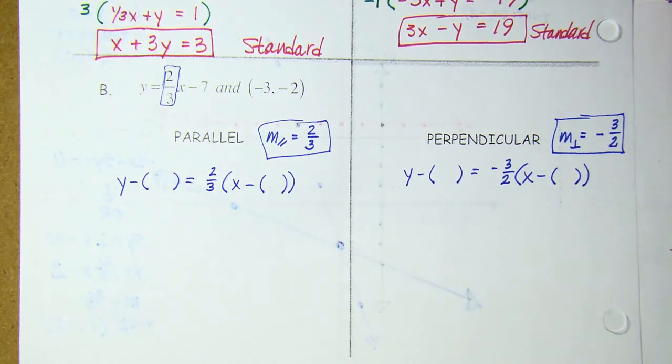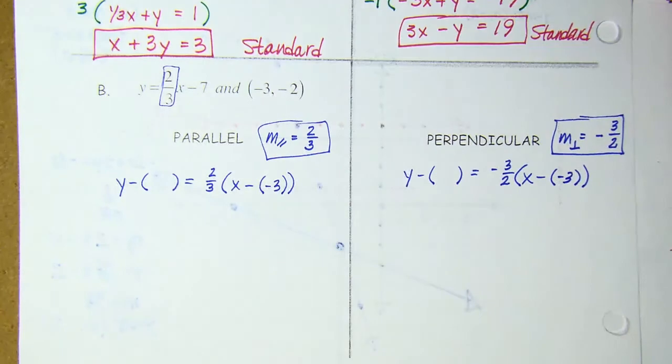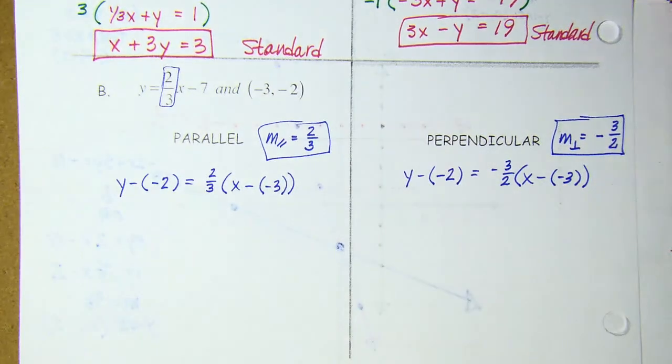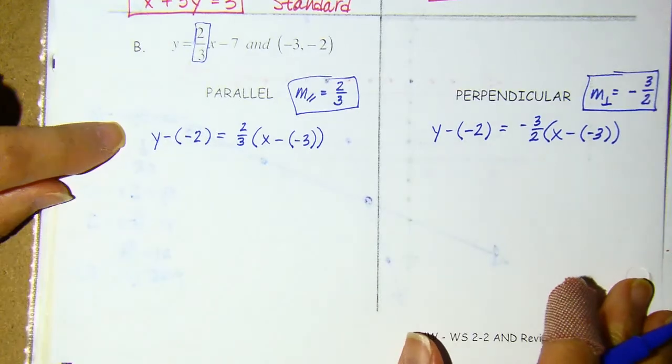Now the x is -3, so I'm going to fill them both in. The y is -2, so I'm going to fill them both in. I'm going to work with one at a time, but I just wanted to get my setup so I can organize myself. Now I'm just going to work over here on this side.